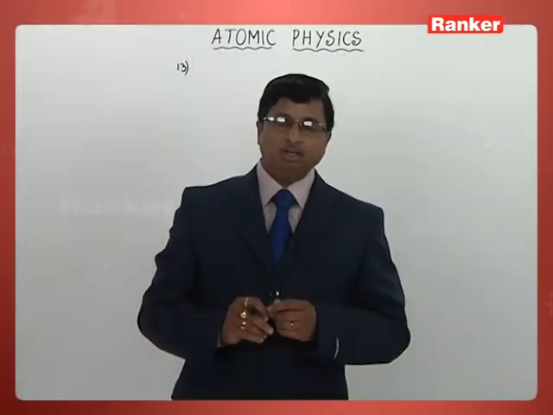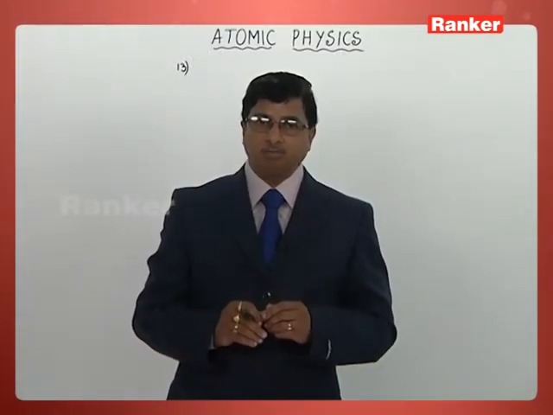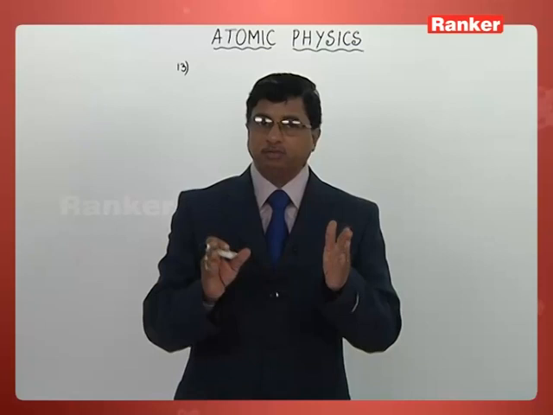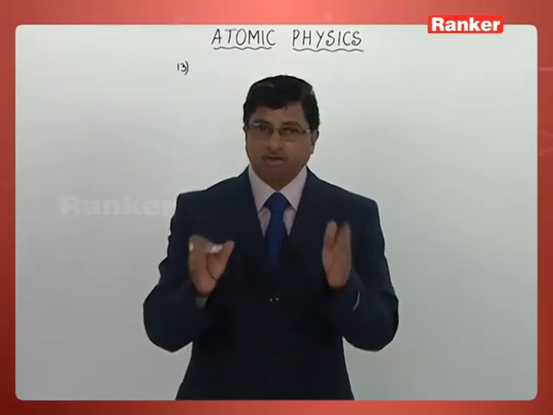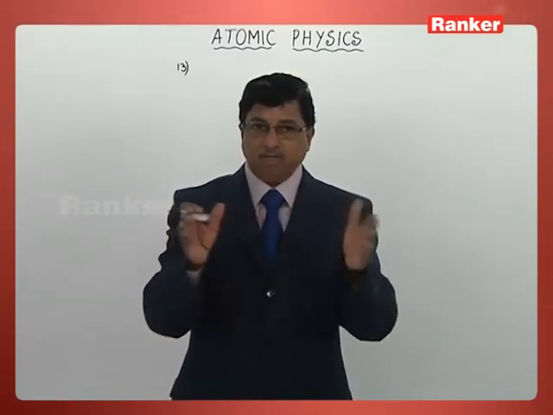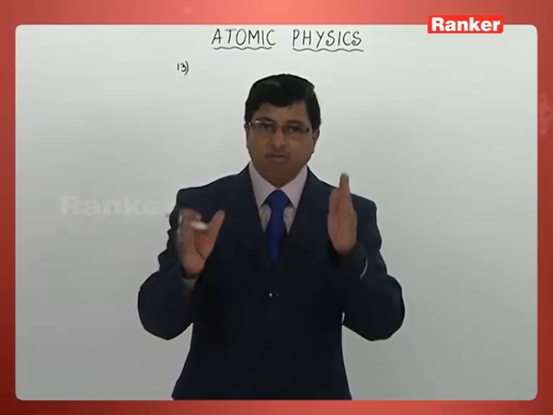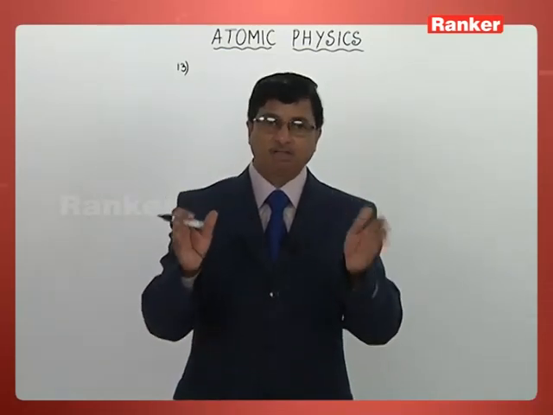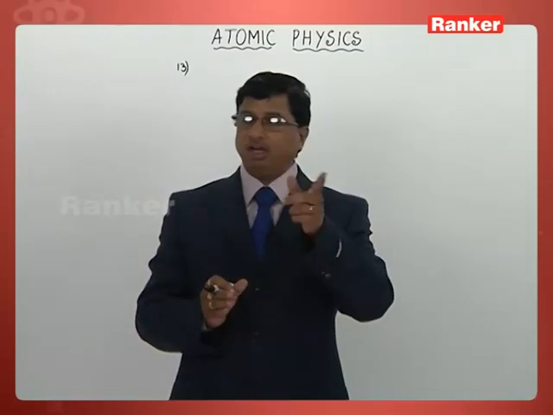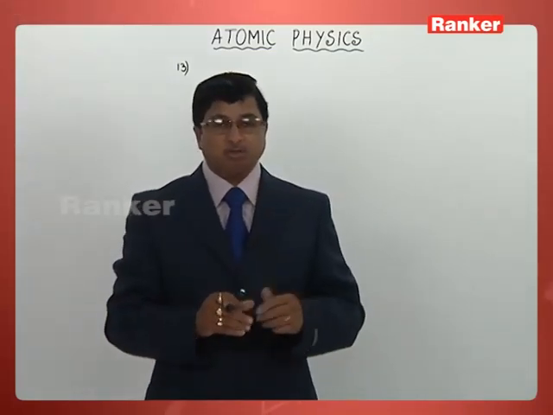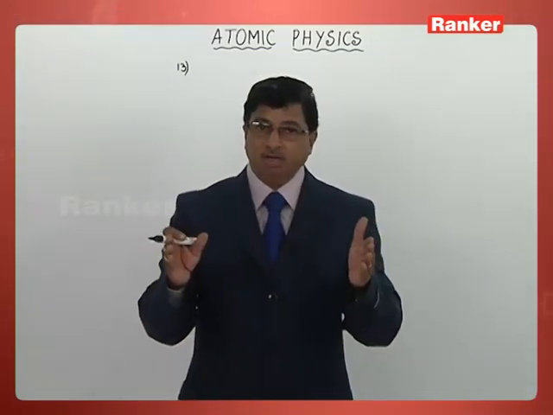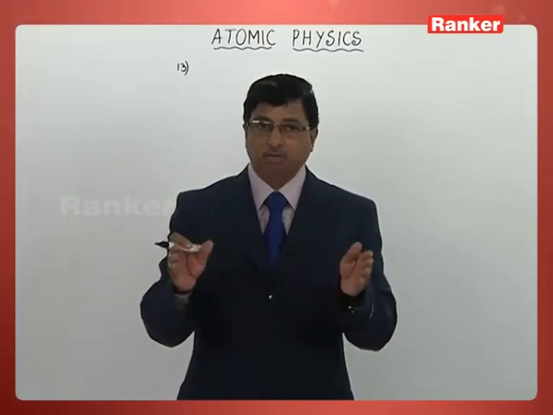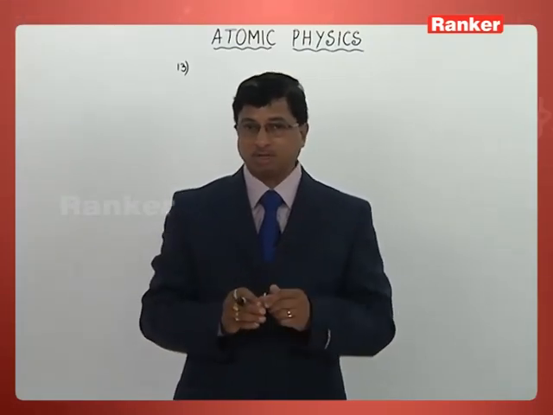In fact, we can understand that 4000 to 7500 angstroms is the wavelength range of the visible region of light, which we can see directly with the naked eye. That is the range we generally consider.